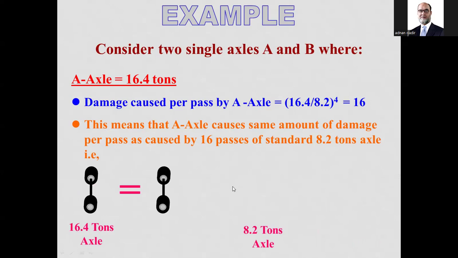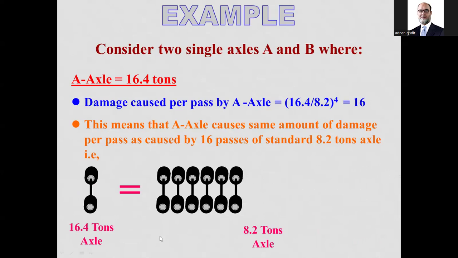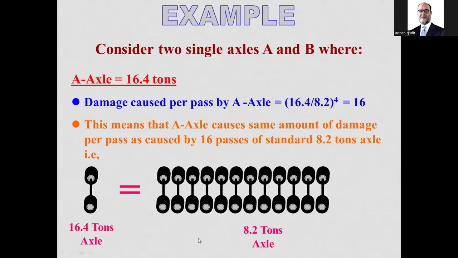16.4 means you count them, they are 16 single axles. Though it's 16.4 single axle, numerically the damage is equal to 16 axles, as you can count here in the animation.